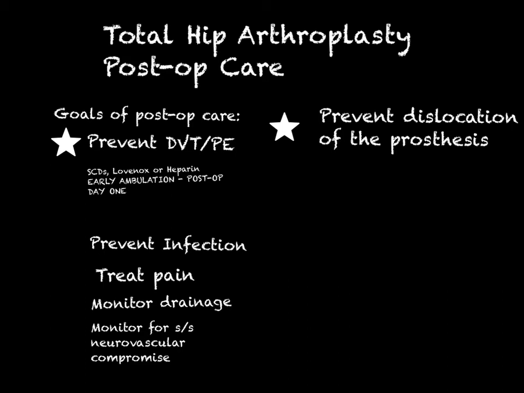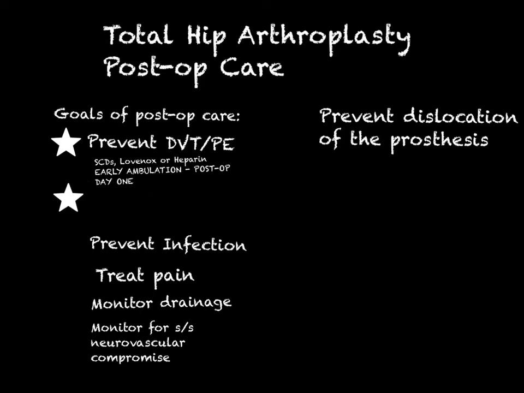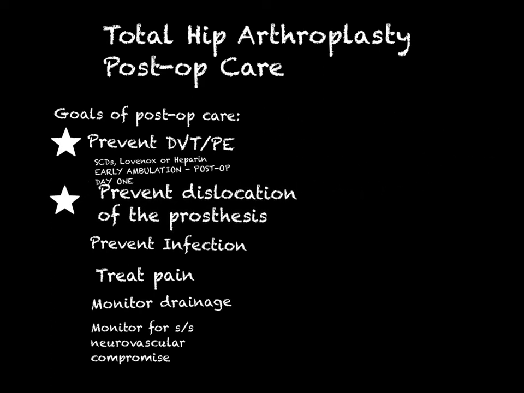Maybe you want to log roll that person a little bit so that you don't put any stress on the joint. But prevention of dislocation of the prosthesis, you're going to teach this patient to do those things for 4 months post-operatively. And when they're in the hospital, you're definitely going to use that abductor pillow, and let PT help you with that first early ambulation. I know on 2A they're really good about getting people up and moving and doing it safely.